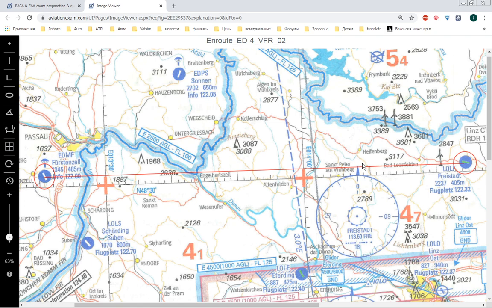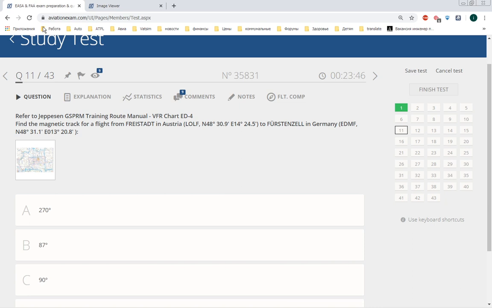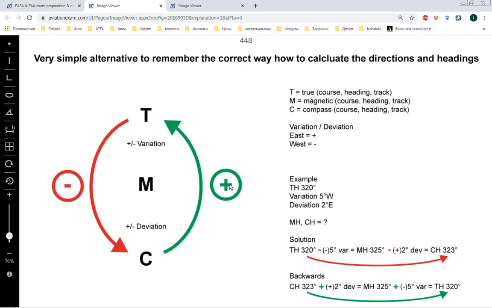So that's why we need to use a very good table from the explanation. I think this table deserves to be printed out and put just in front of you on your desk, just to memorize it as much as possible. So forget about this calculation, just over there, that kind of picture.